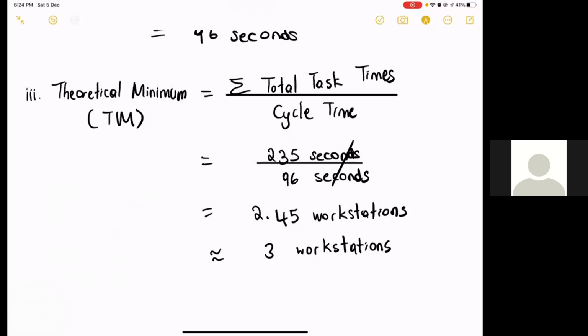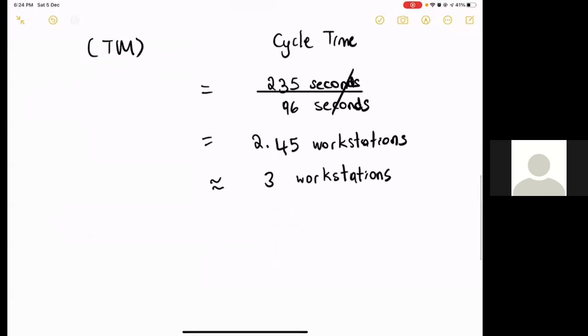Rounding up. The theoretical minimum also tells us the most efficient use of workstations. So at 3 workstations, that's where we'll get our highest efficiency. If we go a workstation or two up, then our efficiency will decrease.